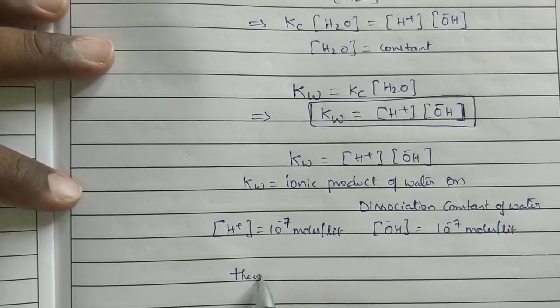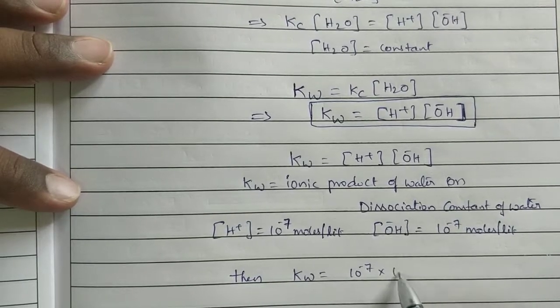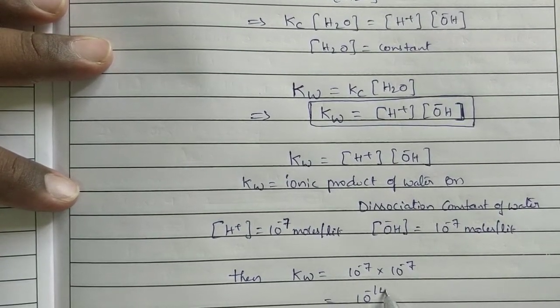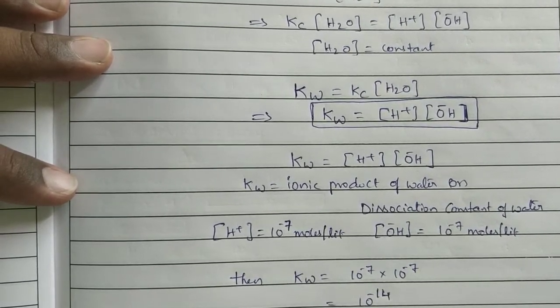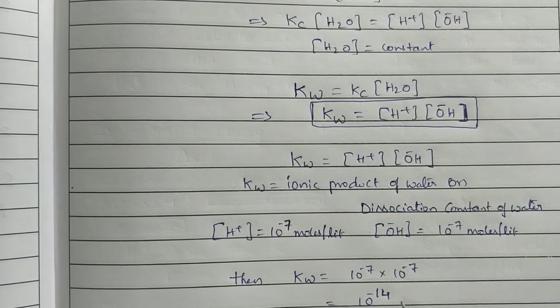Then Kw is equal to 10 power minus 7 into 10 power minus 7, which is equal to 10 power minus 14 mole square per liter square.